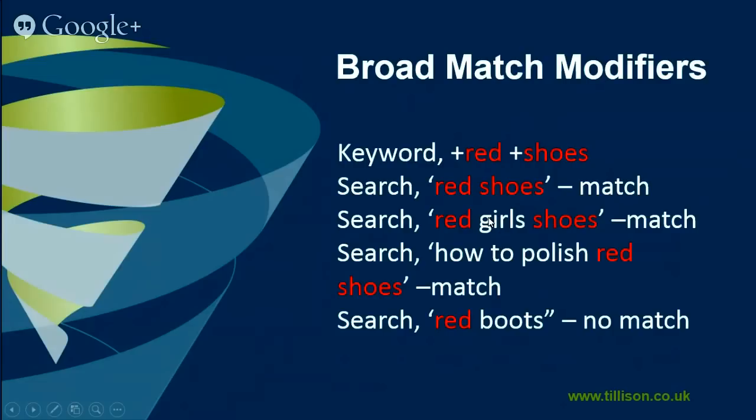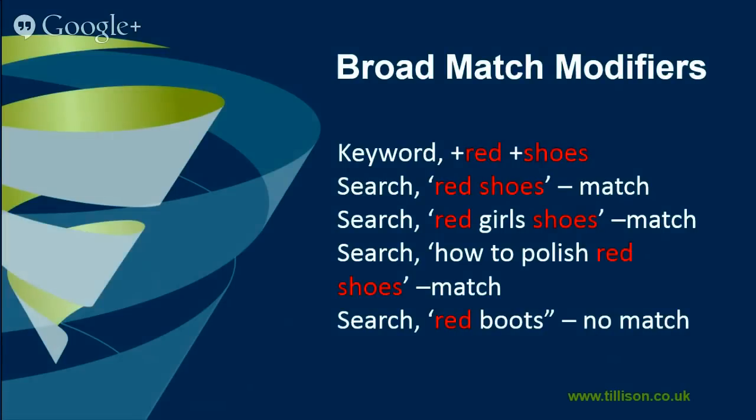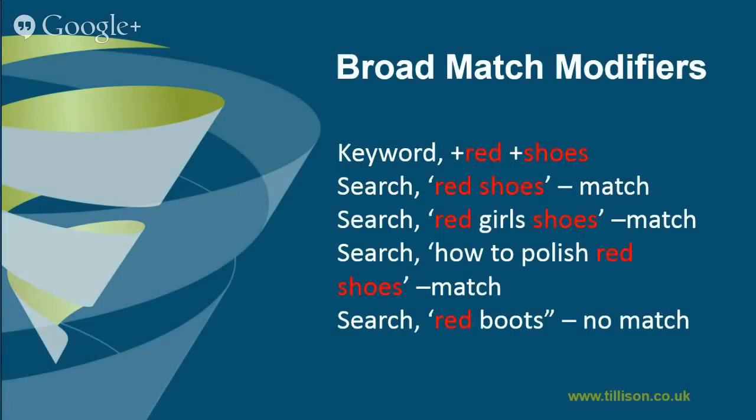The difference this makes is when they're modified, you don't allow Google to contextually change the wording. So you force somewhere in the search to be red and shoes, as the example. You can't match for the trainers, football boots and things like that. So it's much more specific. And if you're going to use a broad, it should be that term.